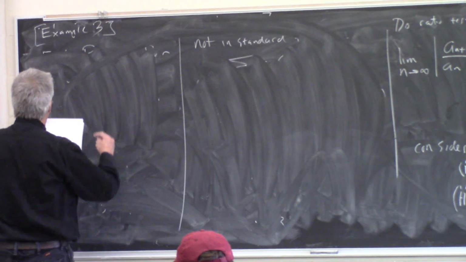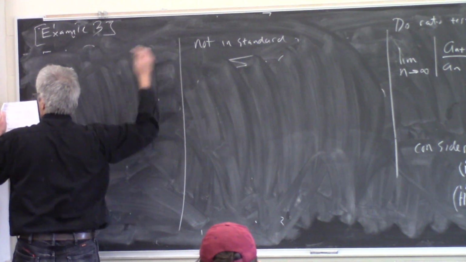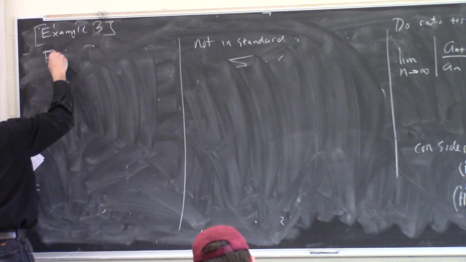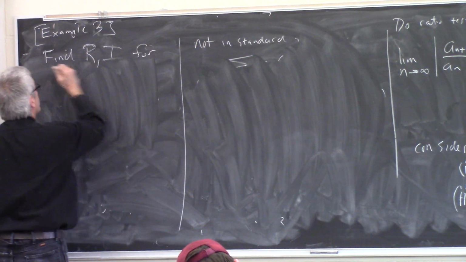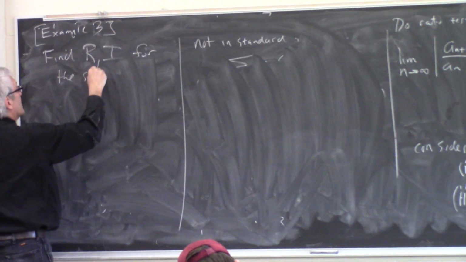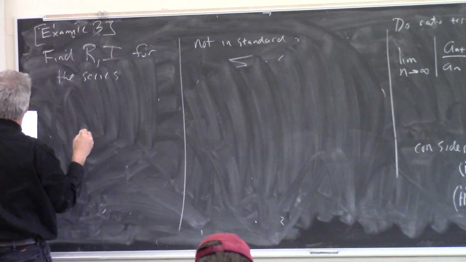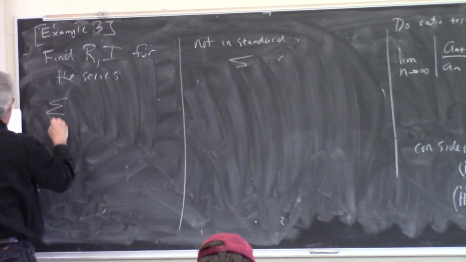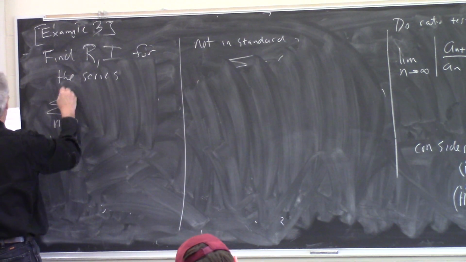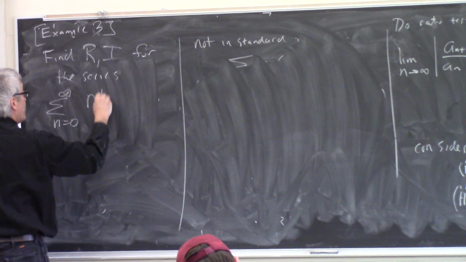Find R and I for this series: the summation as n goes from 0 to infinity of n factorial.